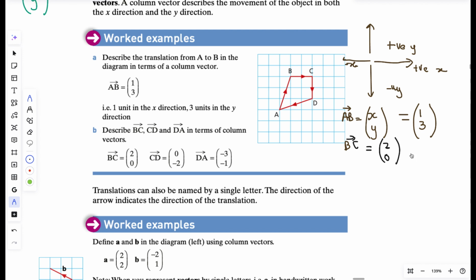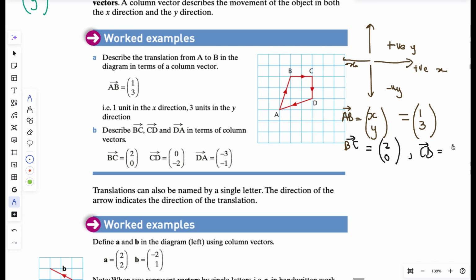Now what of vector CD? Let's take a look at vector CD. What we do is just study from the graph, from what is given to us. Vector CD moves downward vertically. It didn't move any horizontal distance, so the horizontal distance is 0.